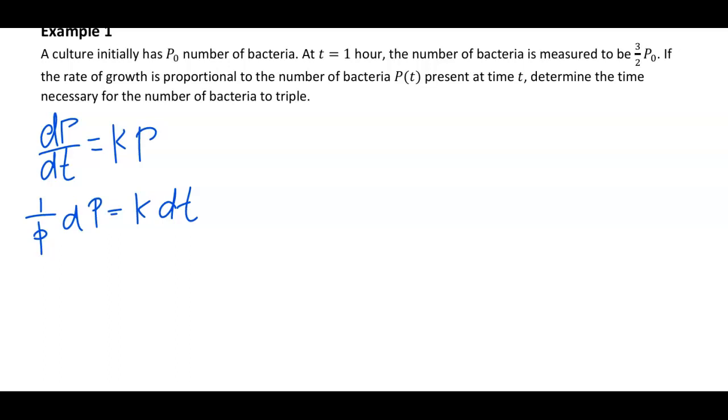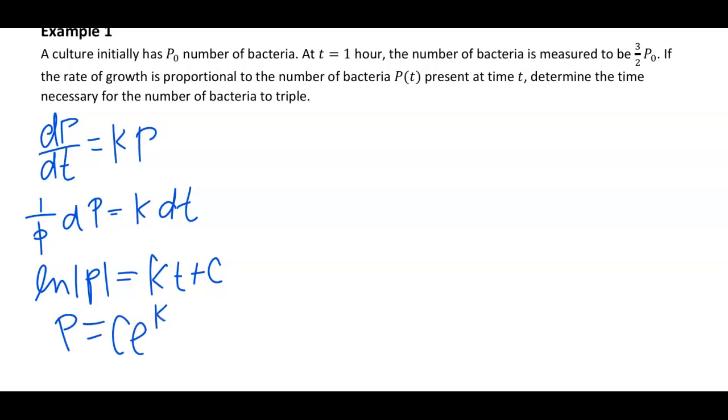When I integrate both sides, I end up getting the natural log of the absolute value of P, which, since we only have positive population, I'll be able to drop in a second, equals kt plus C. When I take e to both sides, I end up getting an exponential growth function, which should make sense. If your growth rate is proportional to the population at a certain time, that means that whatever your growth rate is, it's a multiplier each and every time, okay?